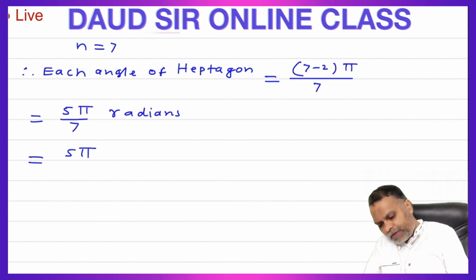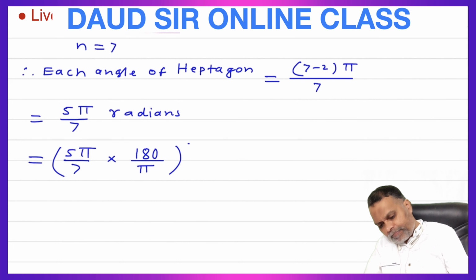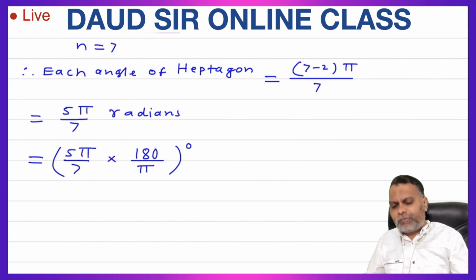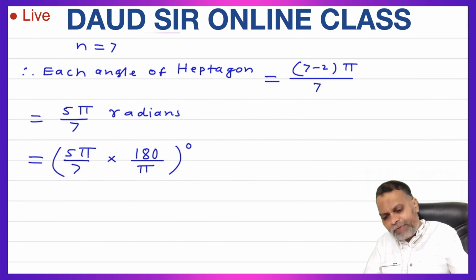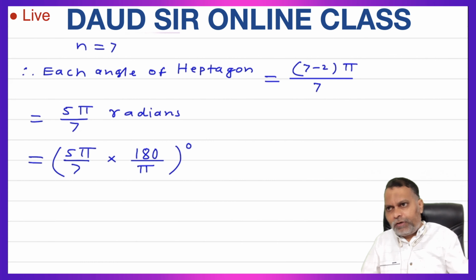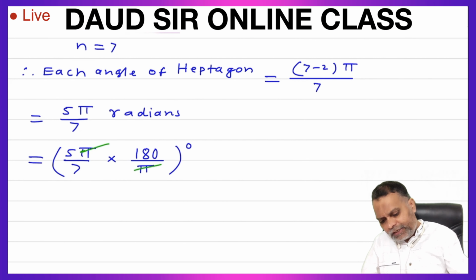Now convert this radian into degree. 5 pi upon 7 into 180 by pi degrees. 1 radian is equal to 180 by pi degrees, so just multiply by 180 by pi. Simplify this. Pi cancelled, and this 7 will not be cancelled.